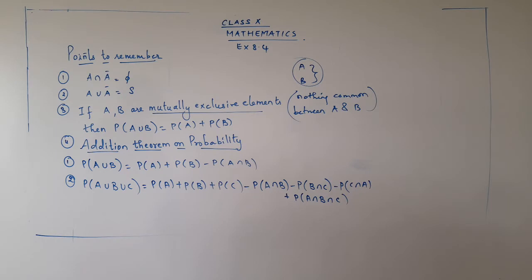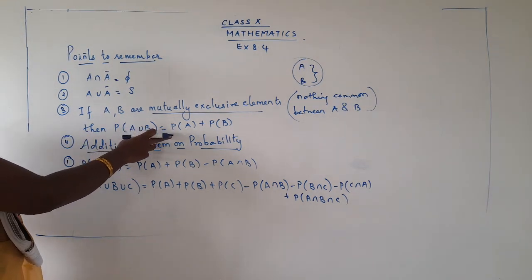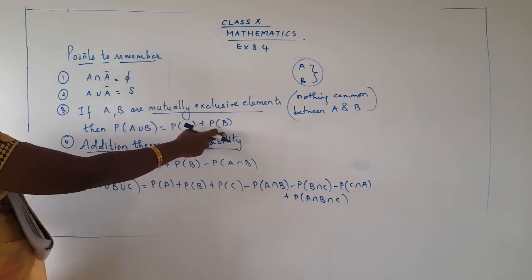Are you getting the meaning, children? There is nothing common between A and B. Then we have to take this formula: P of A union B is equal to P of A plus P of B.